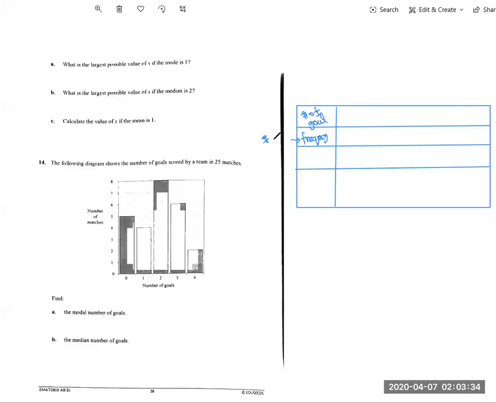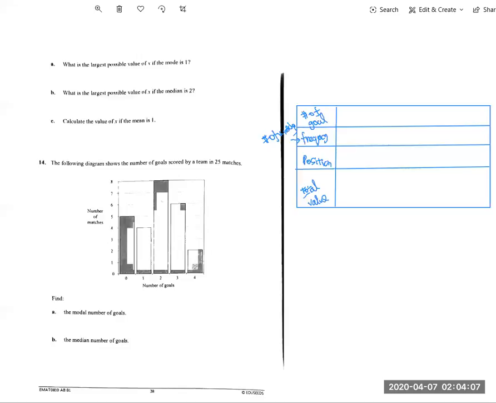If you want to find the mean or the median, then this should be the position. Then this will be the total value for each column.